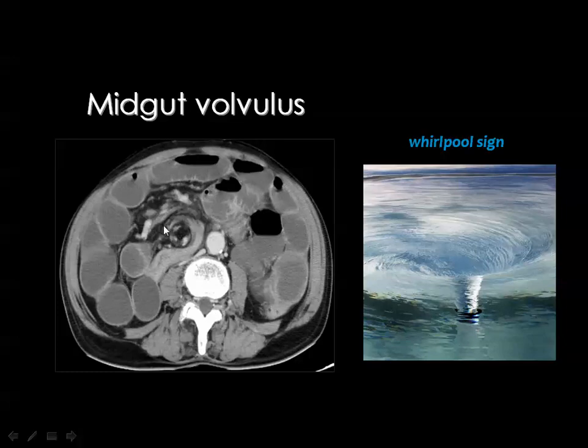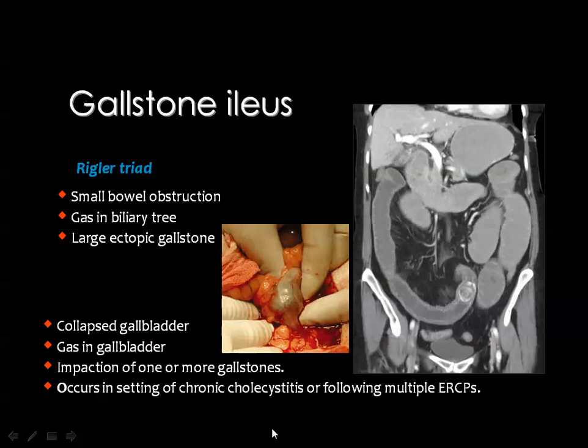And here this is a very good presentation of this particular sign, where this is the site of the superior mesenteric artery and vein, and you can see these whorls at the root of the mesentery, and you can appreciate the markedly dilated small bowel loops with multiple air fluid levels.